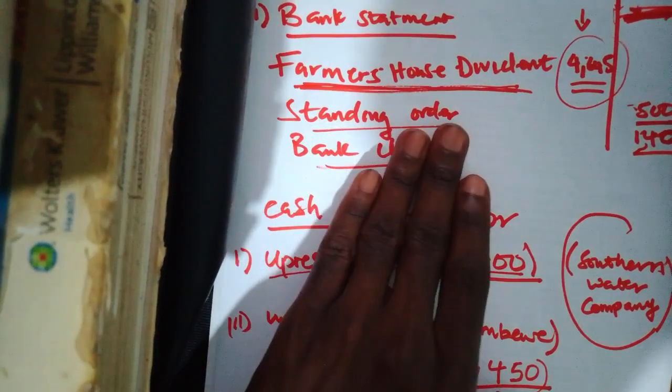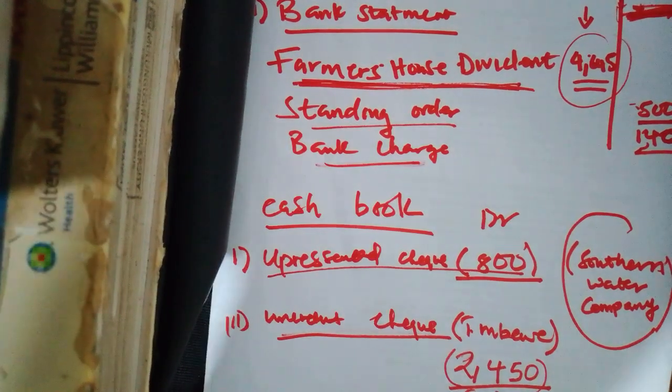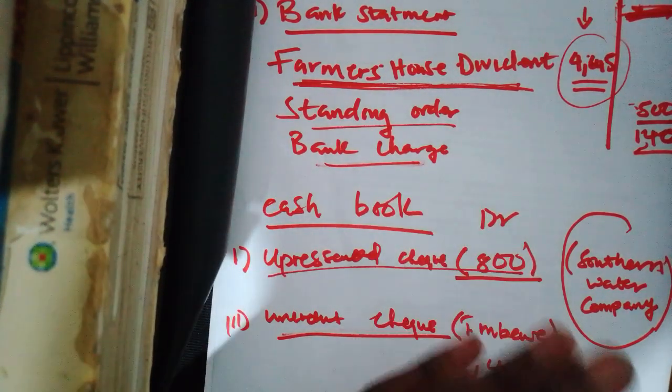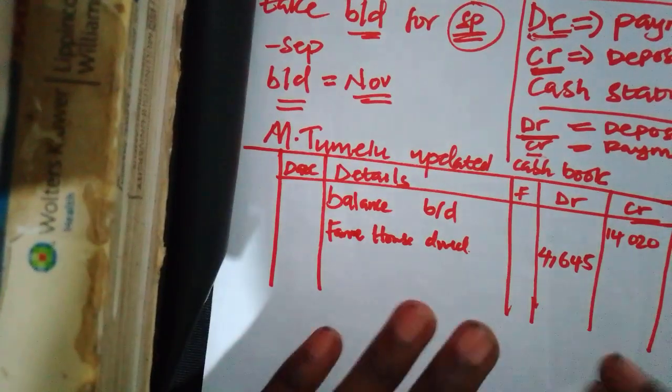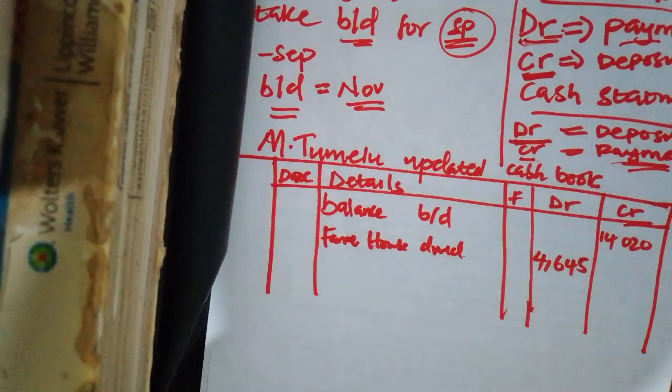Then next we add the standing order and bank charges. Both these transactions appeared on the debit side of the bank statement, so in the cash book they will appear on the credit side because they were payments.